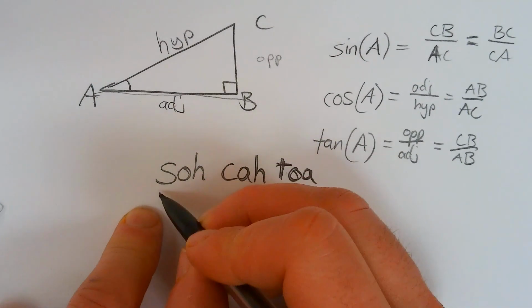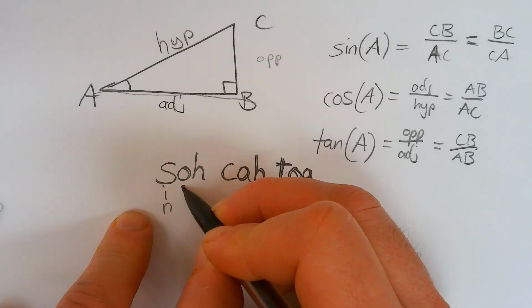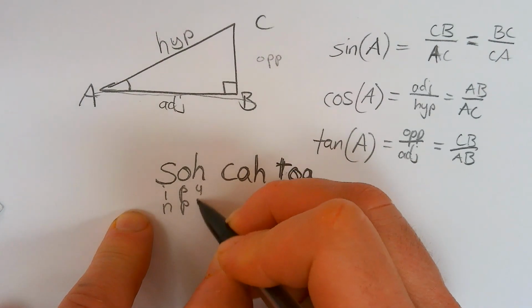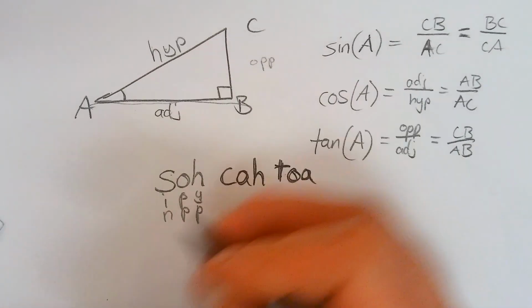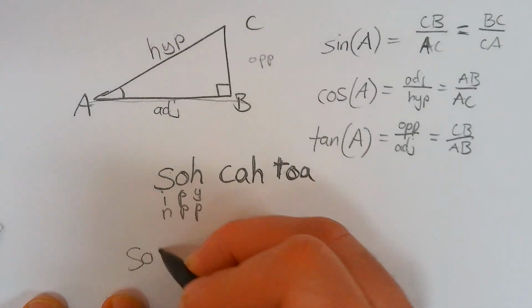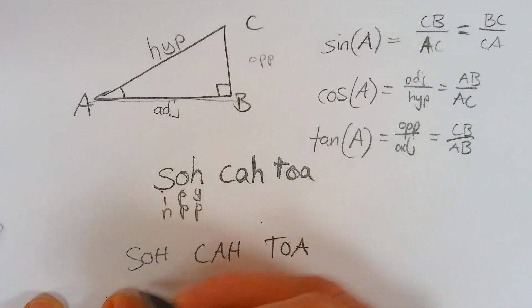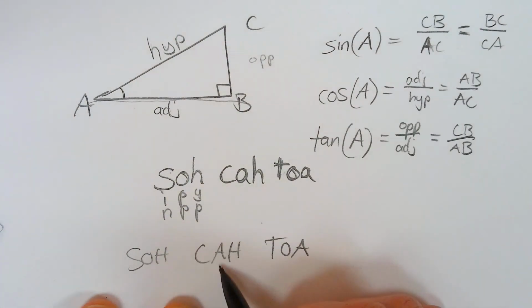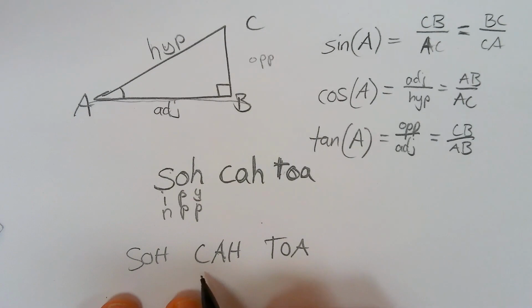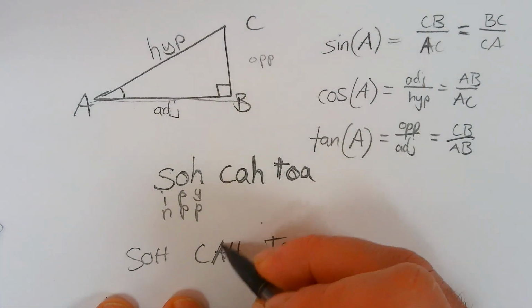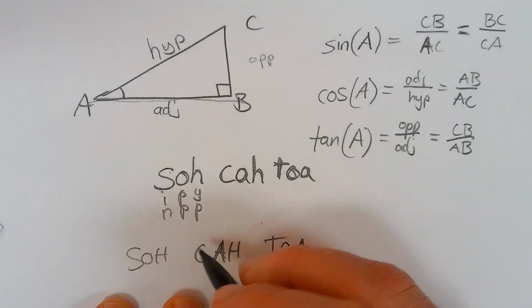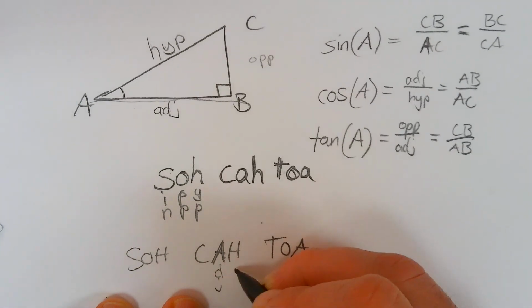Everyone uses it. The sine is the opposite over the hypotenuse. So that's the SOH. Everyone writes this at the top of their test. SOH, CAH, TOA, SOHCAHTOA. Remember, it's CAH.